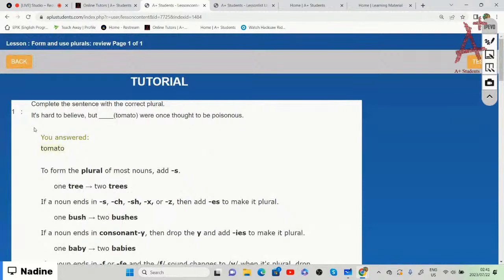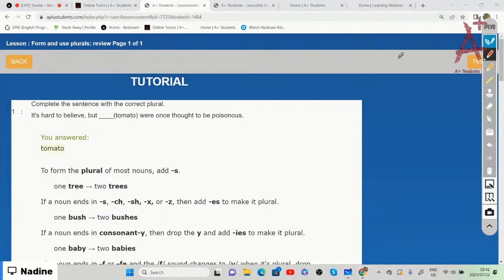It's hard to believe, but tomato were once thought of as poisonous. So which means that it's going to be tomatoes. And with tomatoes we add an ES to it, right?